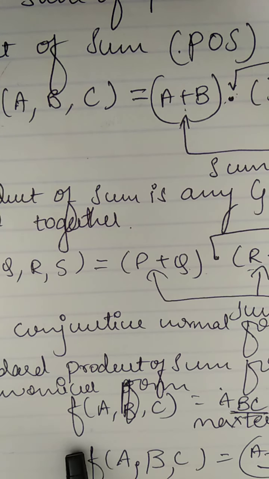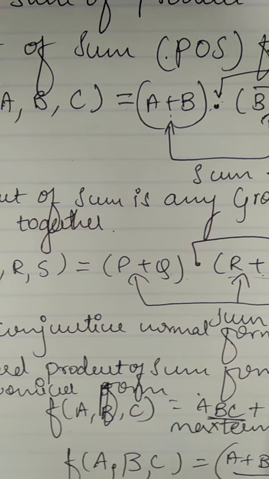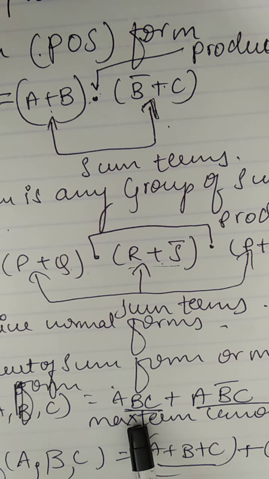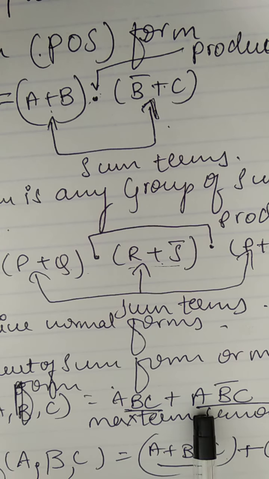Under the standard product of sum, it is also called max term canonical form. It means each term in the product of sum contains all the literals, whether in complemented or uncomplemented form. It is known as standard product of sum or canonical product of sum form. It is called a max term canonical form when each individual term of a standard POS expression contains all the literals.